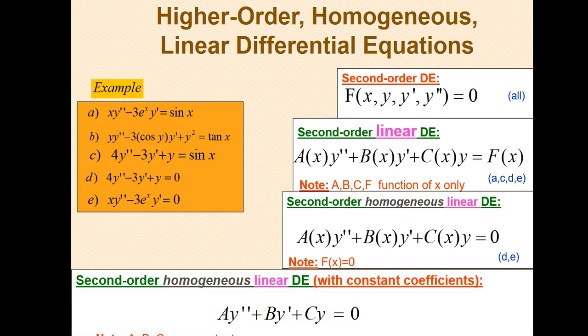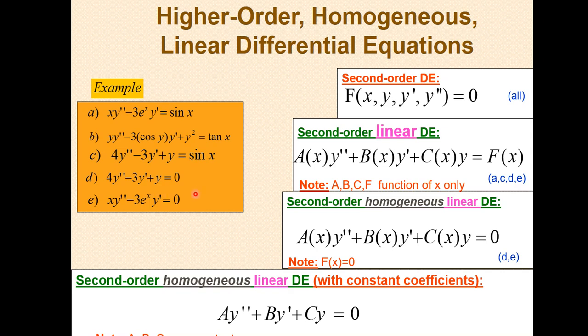What about if we are to look for a second order homogeneous and linear differential equation with constant coefficients, meaning the coefficients of your unknown function and its derivatives should be constants or a function of your independent variable x?